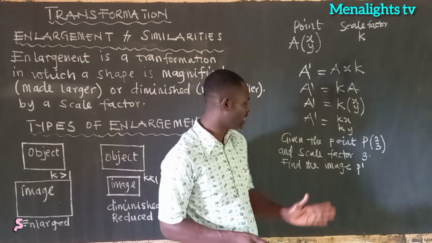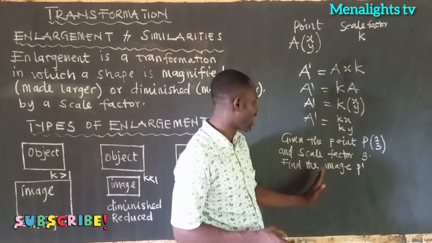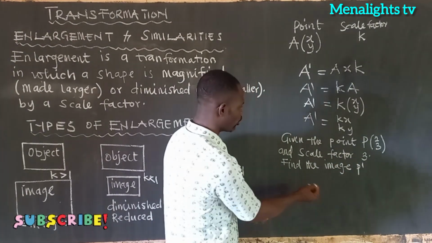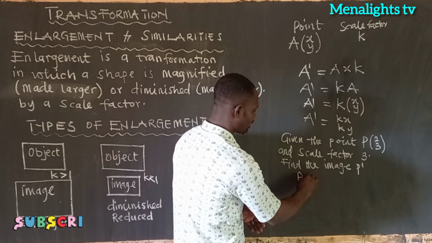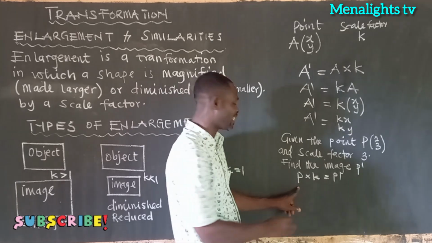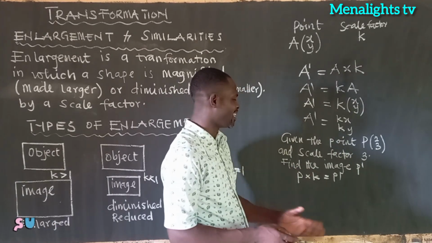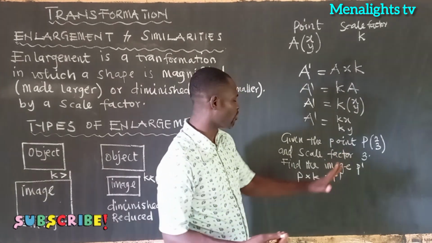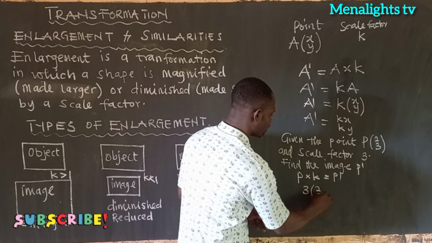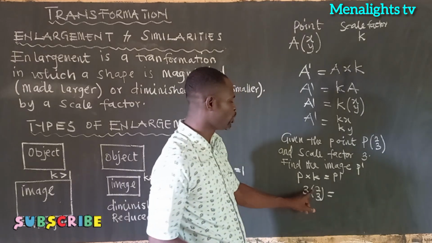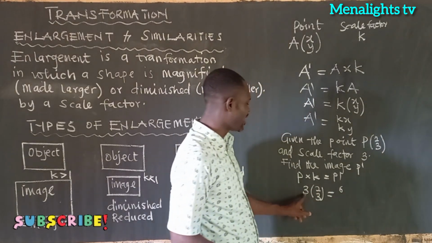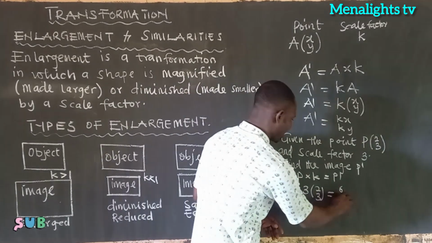Given the point P, which is (2, 3), and the scale factor 3, find the image P1. We are given the point and the scale factor. We know that the point times the scale factor is the image point. The point given is (2, 3) and the scale factor is 3, so that is 3 multiplying (2, 3). 3 times 2 gives us 6, and 3 times 3 gives us 9.